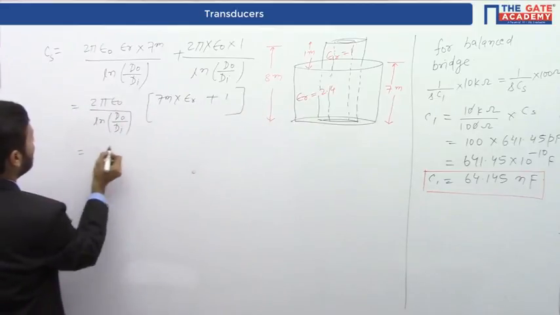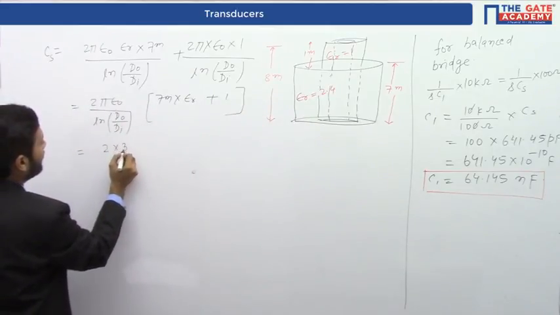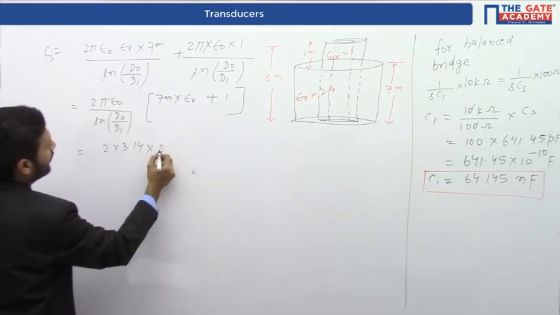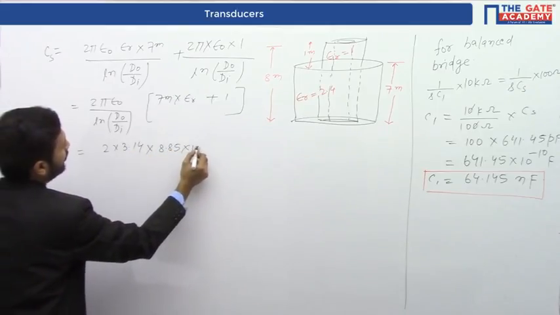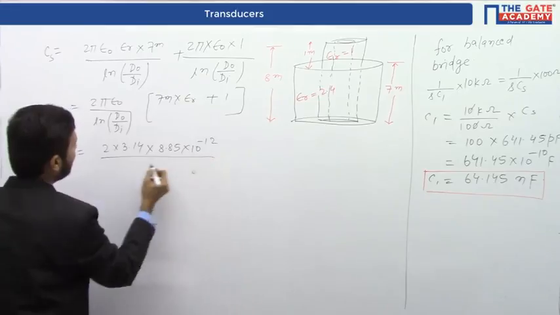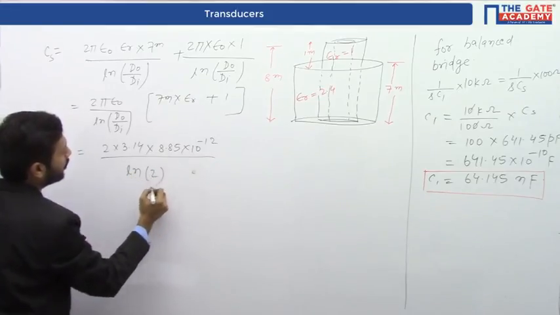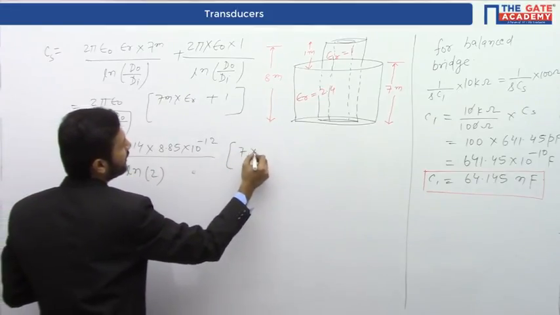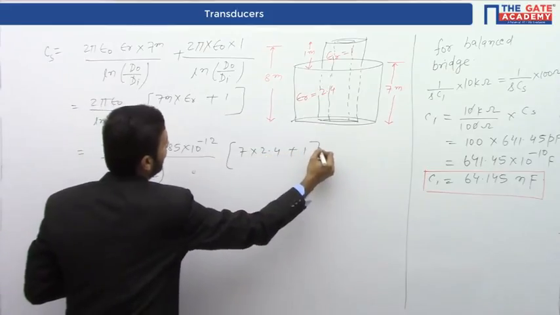So we can put the values: 2 into 3.14 into 8.85 into 10 to the power minus 12 by ln 2, into 7 into 2.4 plus 1.